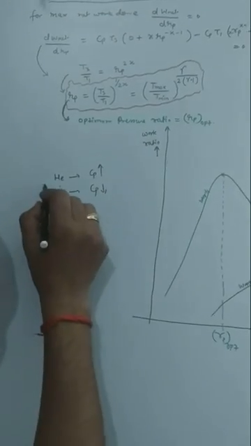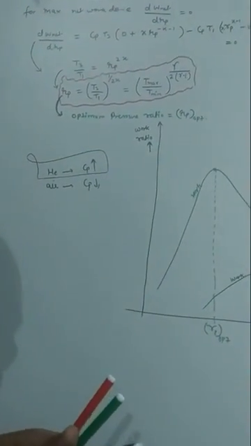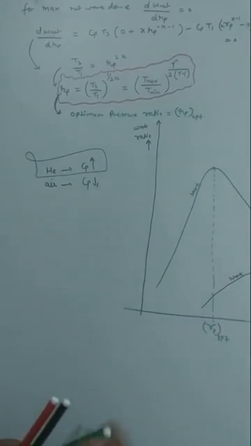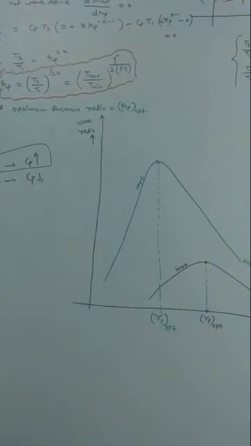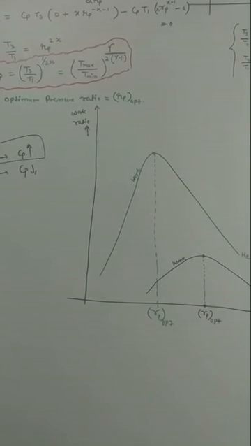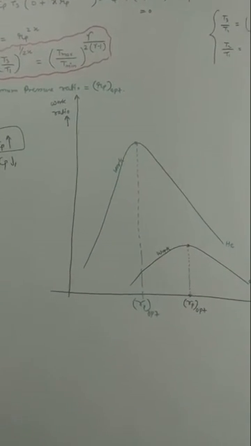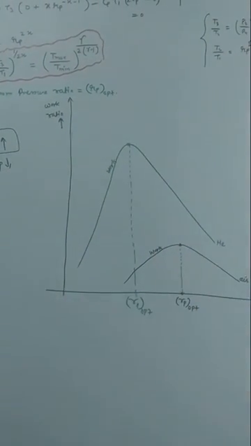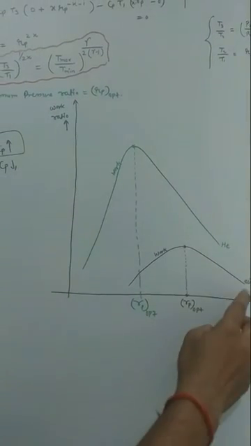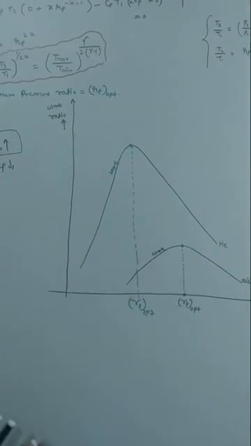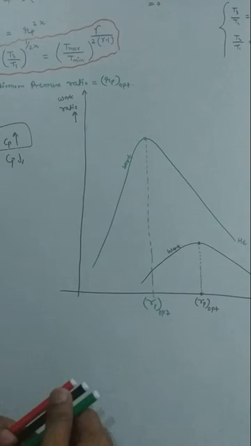That's why helium is more efficient and gives you higher efficiency when you are using helium as a working substance. That's the reason in closed gas cycles helium is used as a working substance, and in open gas turbines air is used as a working substance.